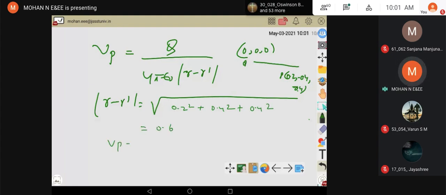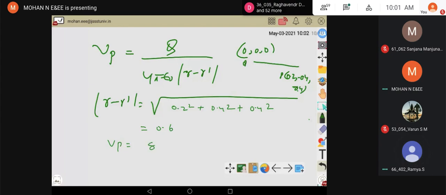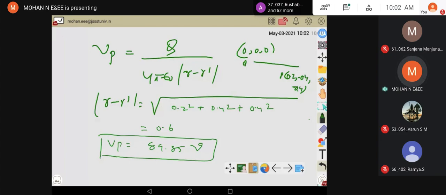Therefore, Vp is equal to the answer. Yes, solve it and get me the answer quickly. 89.85 volts. Okay, this is when the reference is at infinity.